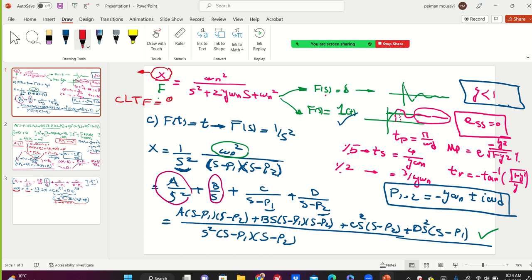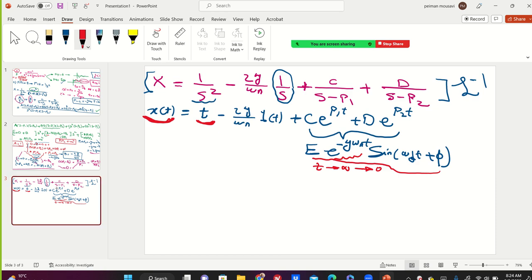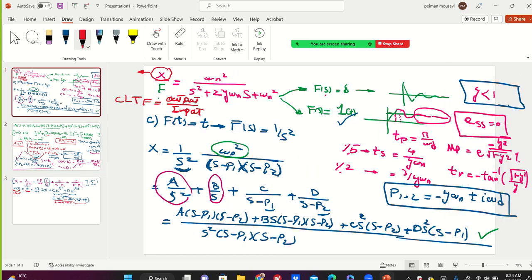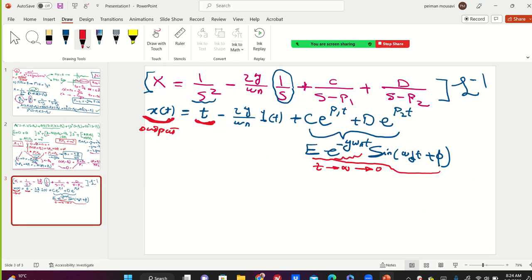Input or output? Output over input. So this is the output of the system, that's right. So this is output. What's the name of this? Yes, input, F. Ramp input.